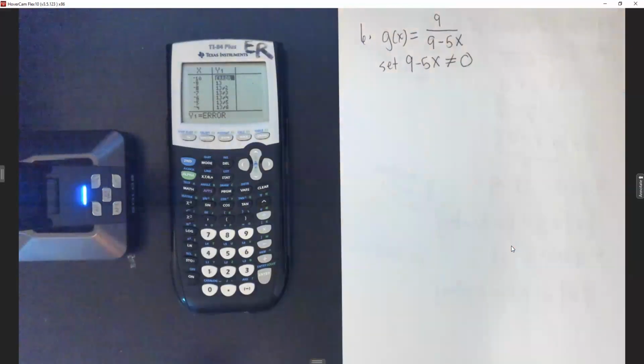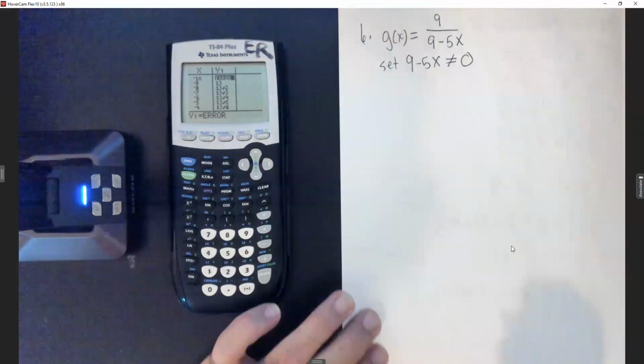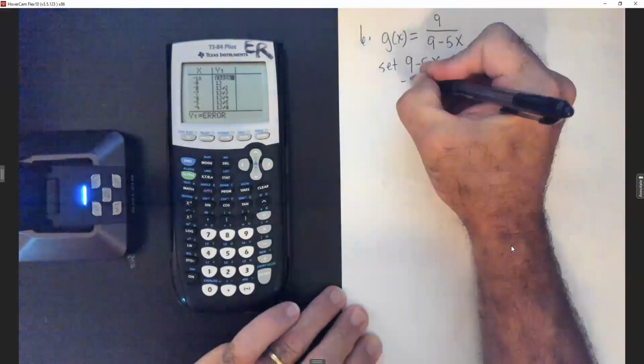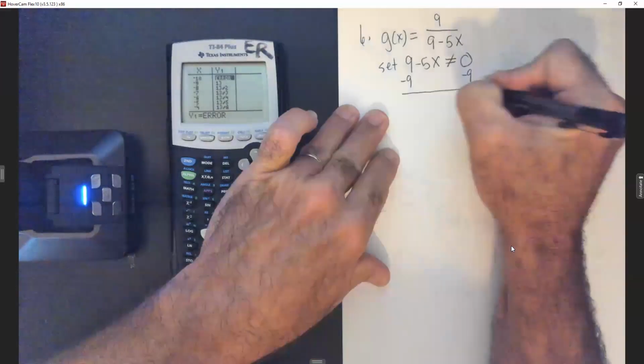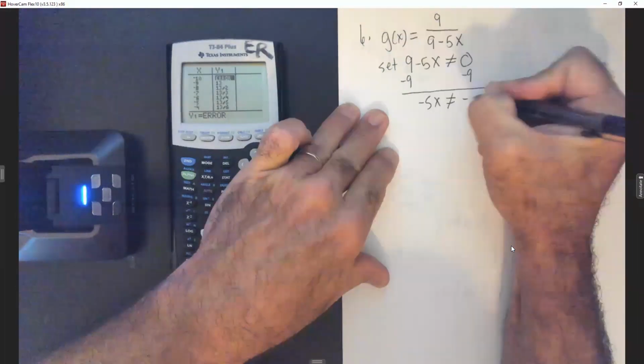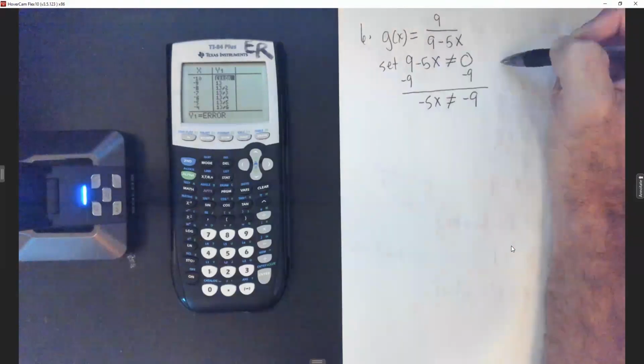So I solve that, and then it'll give me the numbers I got to get rid of. So y'all, 2 ways to solve this. The first way would be to subtract 9 from both sides. And I get negative 5x cannot equal negative 9. The second way you could have started was add the 5x and make it over on this side, but it don't matter which way you go.